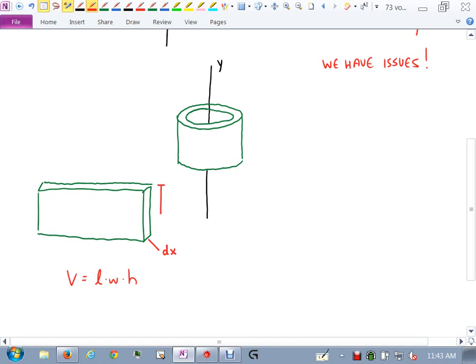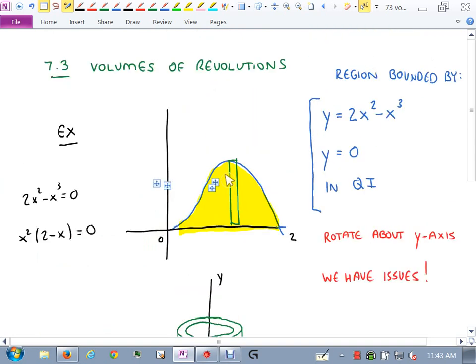How tall is this rectangle? What's the height of it? In this case, it's the function on top minus the function on the bottom. Same thing we had before. Now, in this particular case, the bottom function is what? 0. But if it were not 0 and raised up, it would just be the top minus the bottom, wouldn't it? So f minus g, not squared or anything, just f minus g.